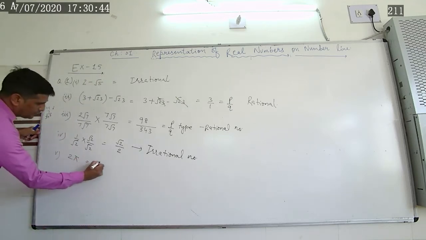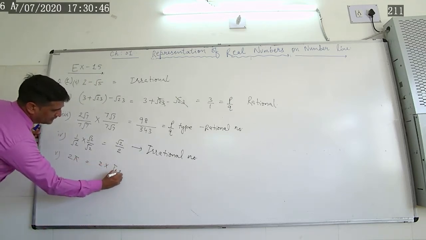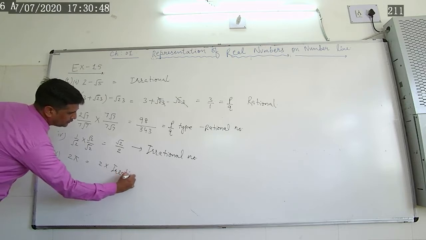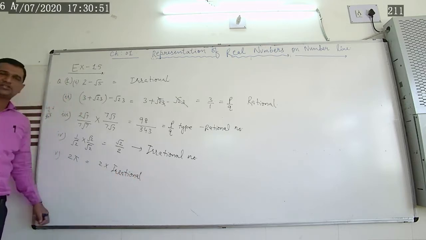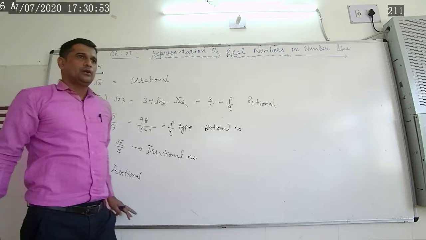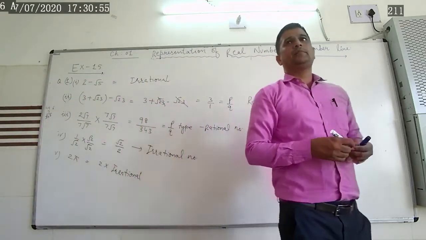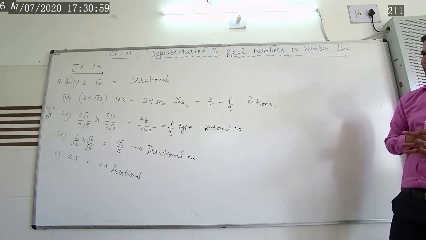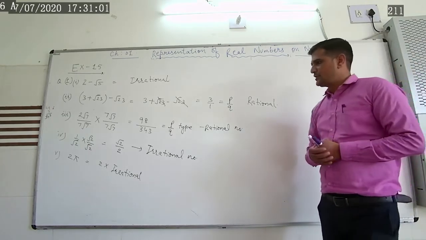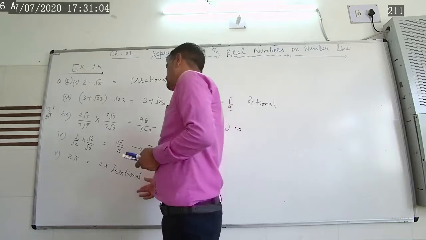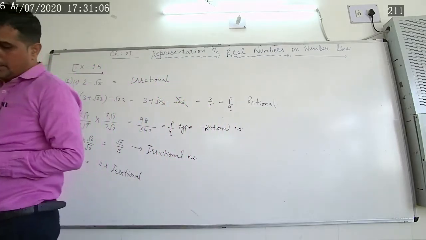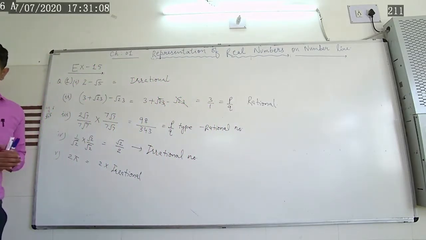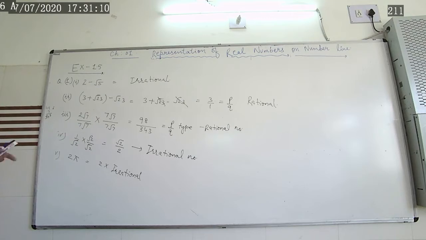Then 2 times pi: you know pi is an irrational number, it has a non-terminating and non-recurring decimal expansion. So this one is an irrational type of number. Clear everybody? This is the main thing we have to remember.